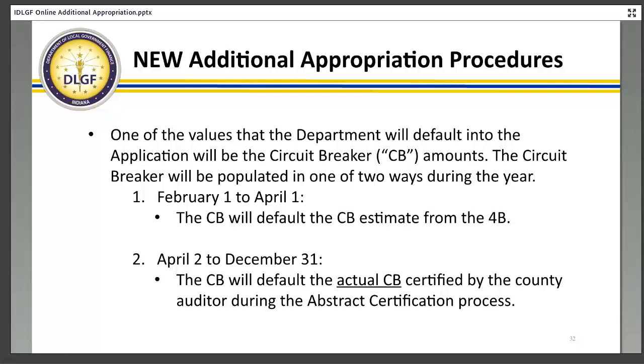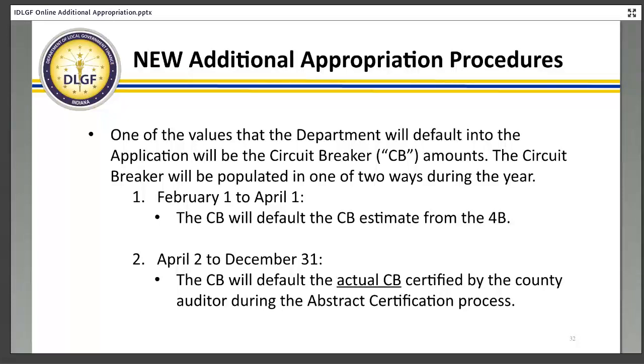If an additional appropriation is submitted between April 2nd and December 31st, the department is going to default in the actual circuit breaker as certified by the county auditor during the abstract certification process.